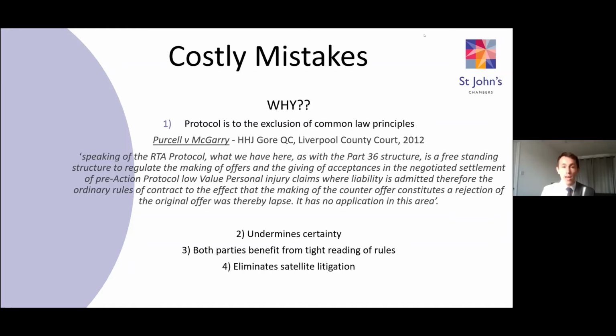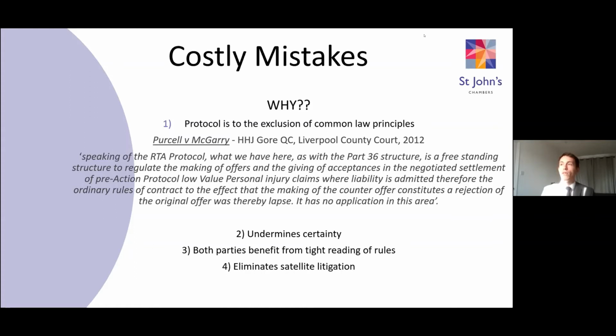Now, the other reasons why the court has said that it exists to the exclusion of those principles are things like that it undermines the certainty of the protocol. It is the view of the judiciary, certainly that have grappled with these issues, that the protocol is sufficiently certain, such as to enable parties to know exactly what they face through the lifetime of a case that continues within the portal.